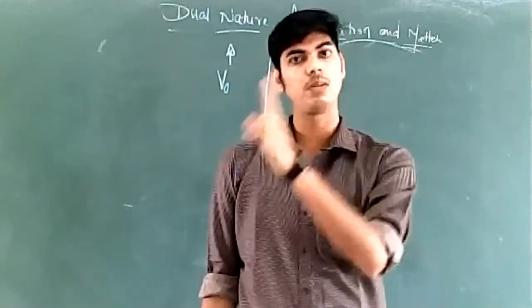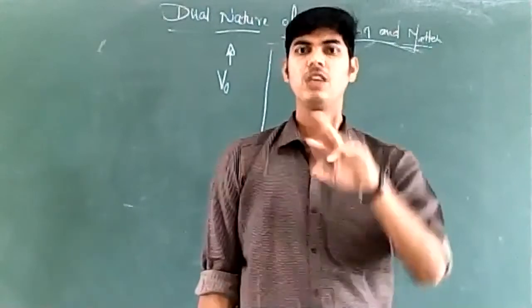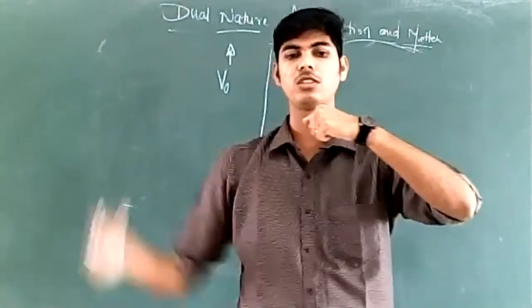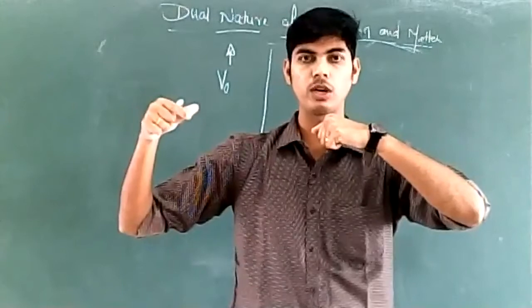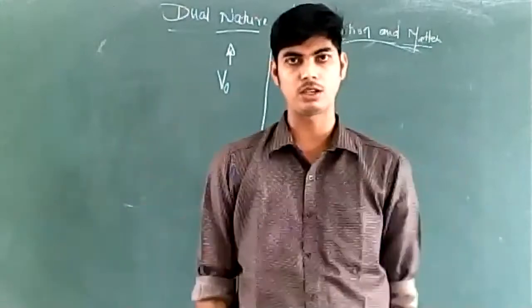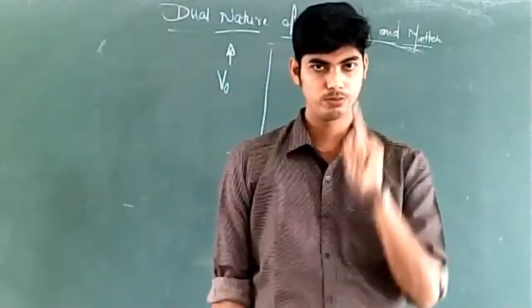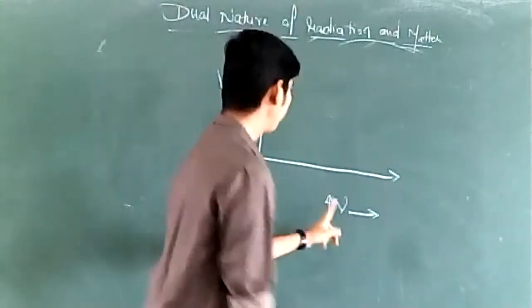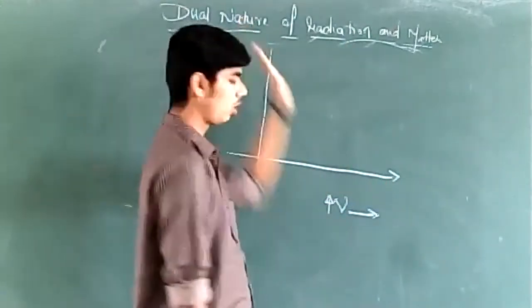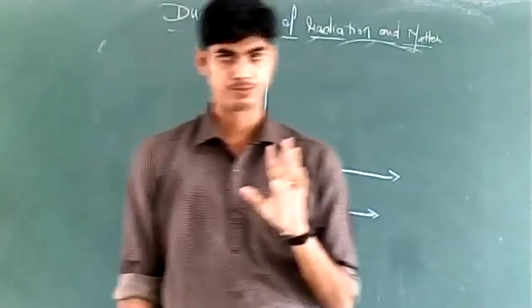Kinetic energy is directly proportional to frequency. If kinetic energy of electrons increases, we need to apply more and more negative potential to the anode to stop these electrons. So as frequency increases, stopping potential also increases.